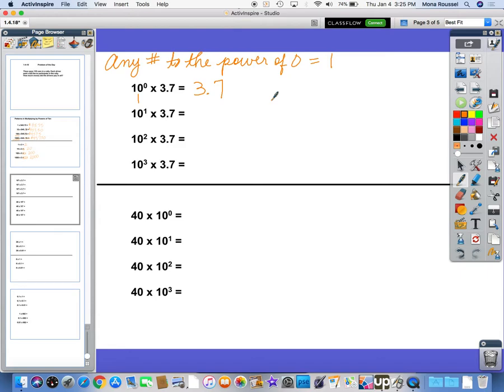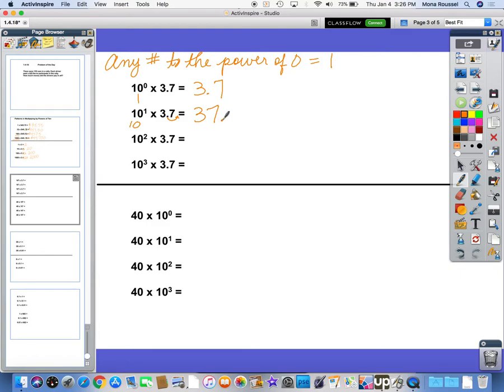The number doesn't change. Now 10 to the power of 1 means 10. So 10 times 3 7/10 tells us we have to move the decimal 1 time to the right. The decimal's now behind the 7, so our answer would be 37. Again, the decimal ends up behind the last digit.